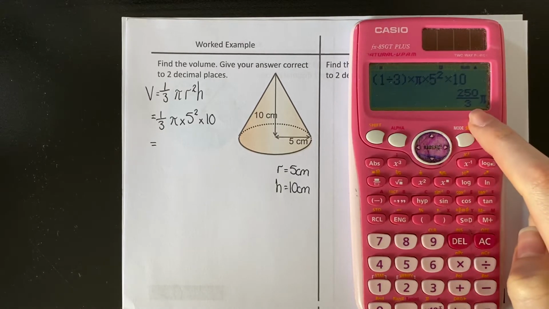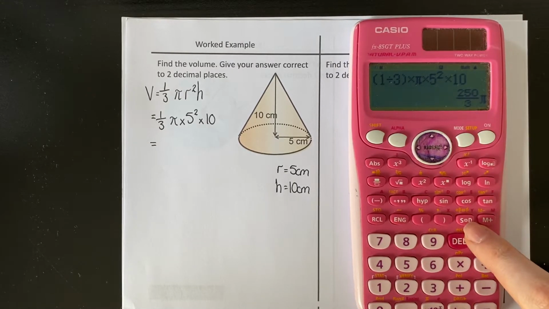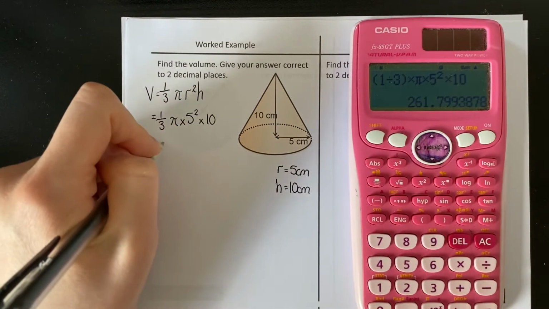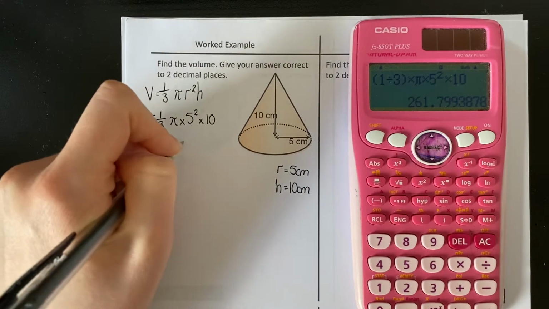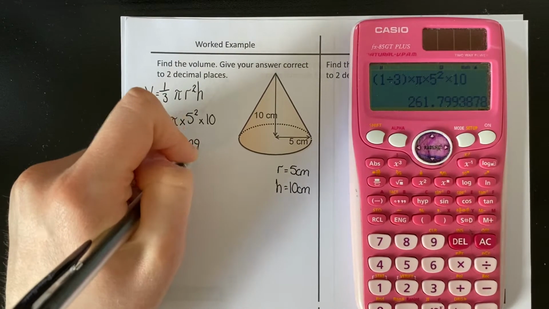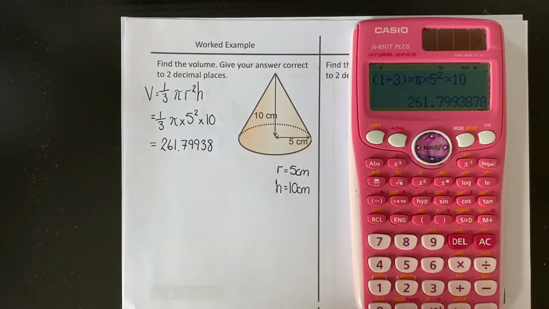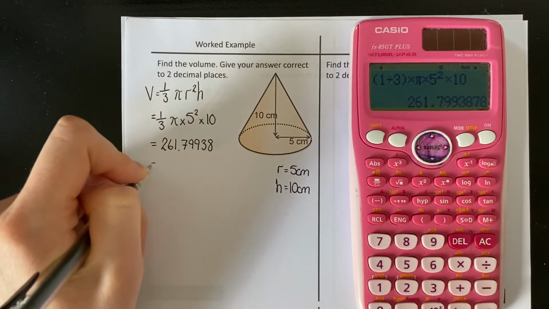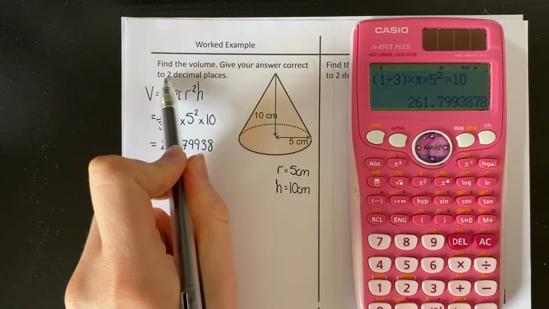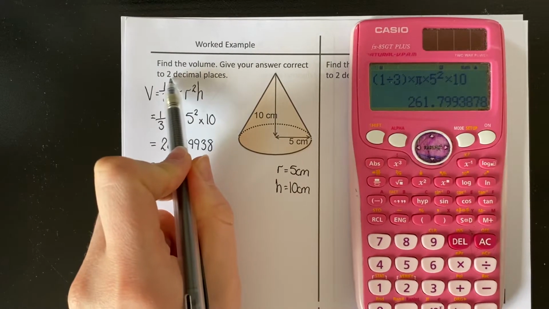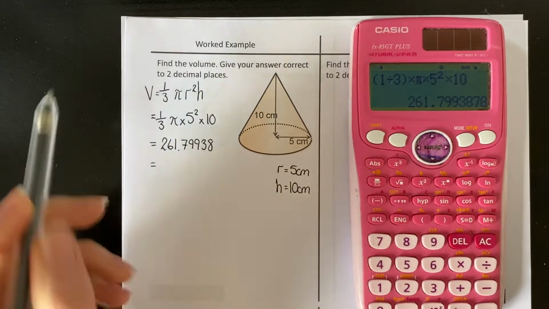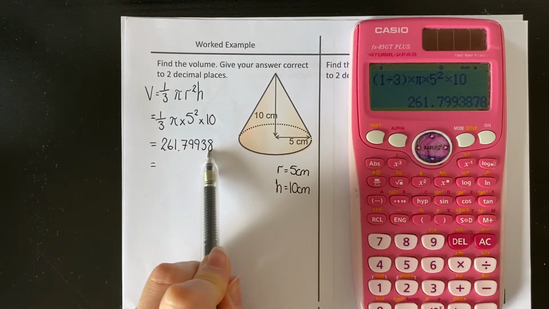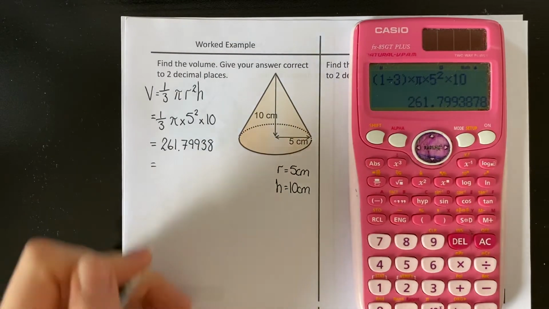If my answer comes up like this, or as a fraction, I just push the S to D button, turn it into decimal. So I get 261.79938. And my question said I must give my answer to 2 decimal places. Now when these questions are given, you have to show your unrounded answer first and then round your answer.